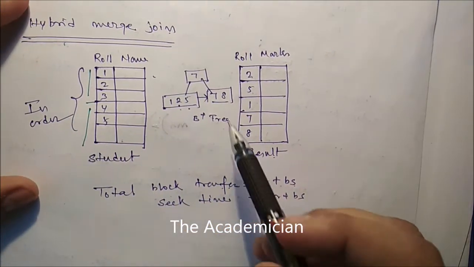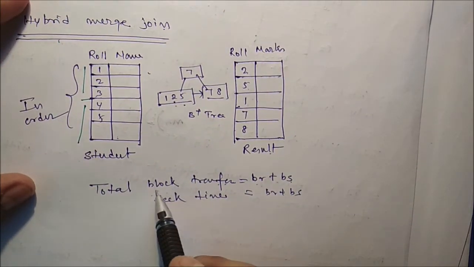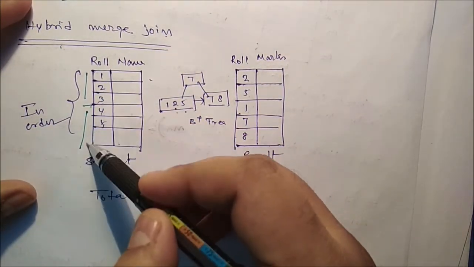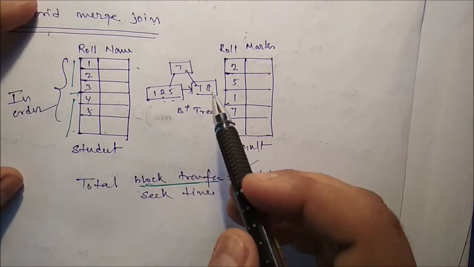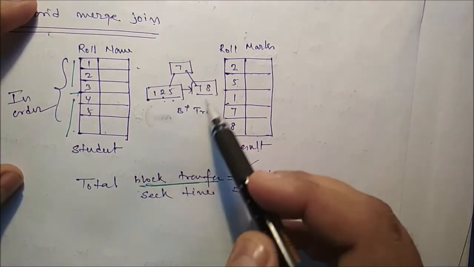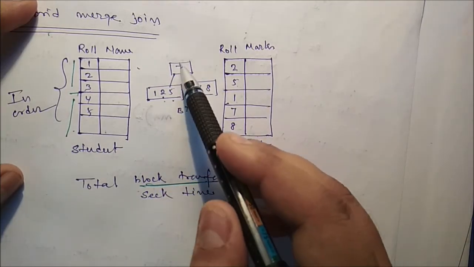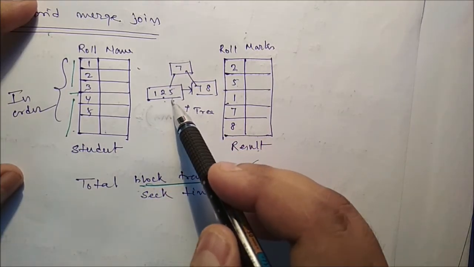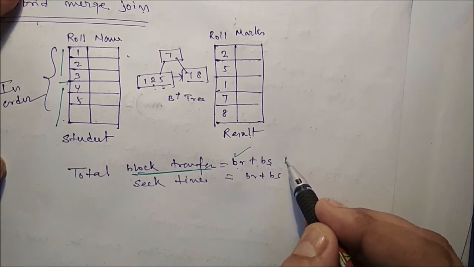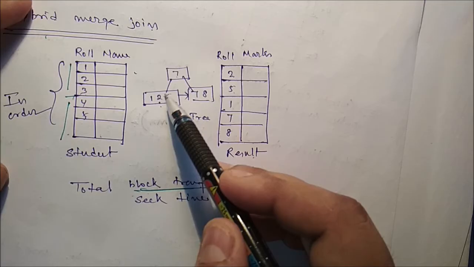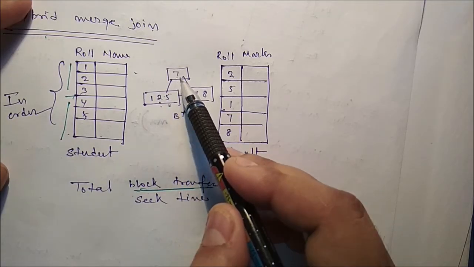In hybrid merge join, the total block transfer will be: we have to transfer this block as well as this block, so the total is BR blocks. Next we have to access this B plus tree. To reach the leaf node, we have to transfer H number of blocks, this block, then this block.